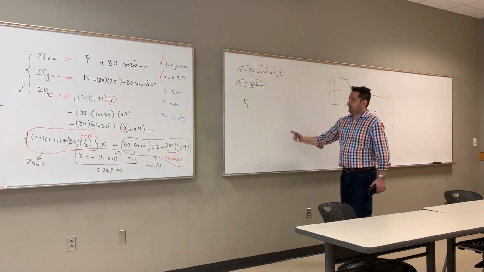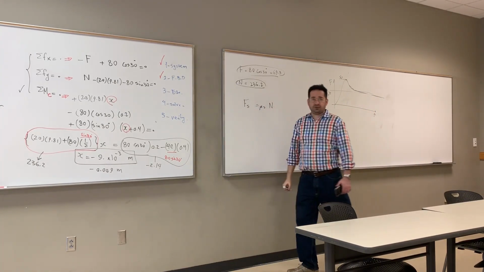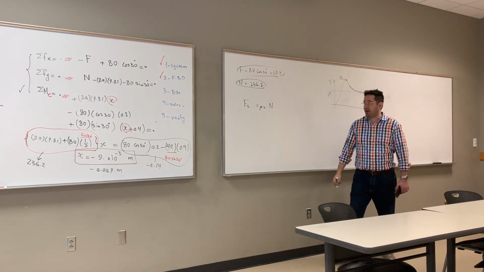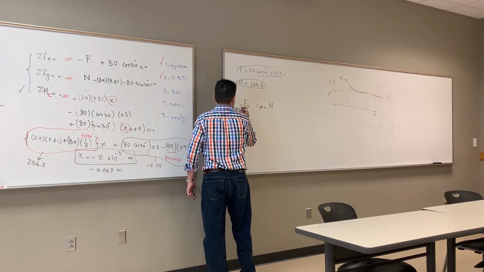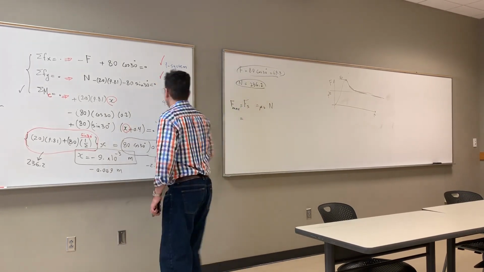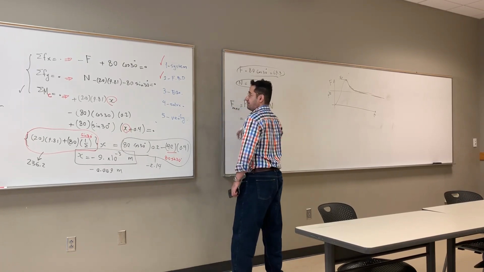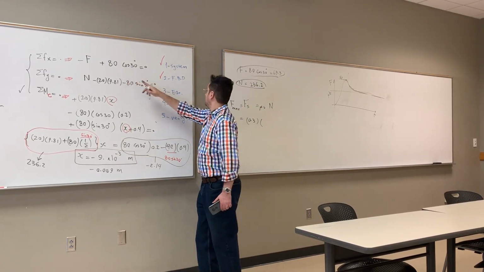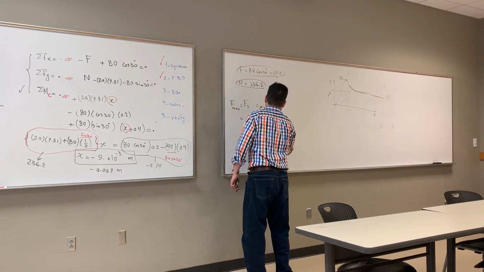So the maximum friction force is equal to mu S times N. We had this equation. So the maximum force that I get, F max, is equal to mu S, 0.3, times the normal force. What's my normal force? The normal force is 236.2.